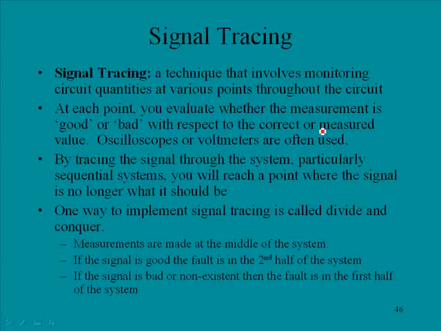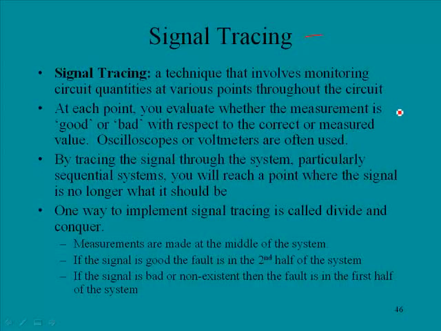The next troubleshooting technique we'll mention is signal tracing. It's a technique that involves monitoring circuit quantities at various points throughout the circuit. At each point, you evaluate whether the measurement is good or bad with respect to the correct or measured value. Typically, oscilloscopes or voltmeters are used to do this, and one of the necessary skills is that you actually know what value should be measured at given points.